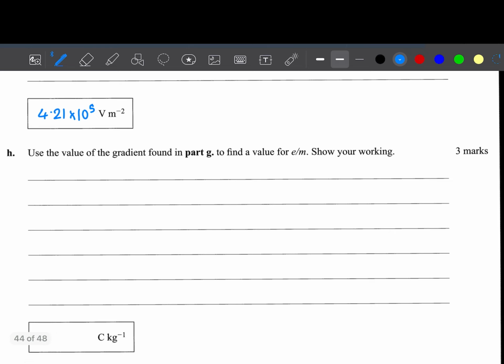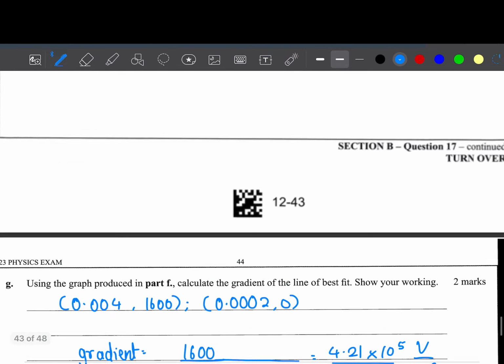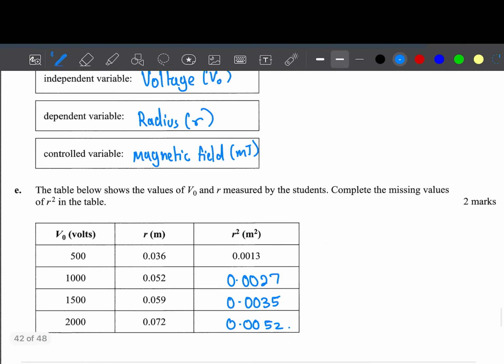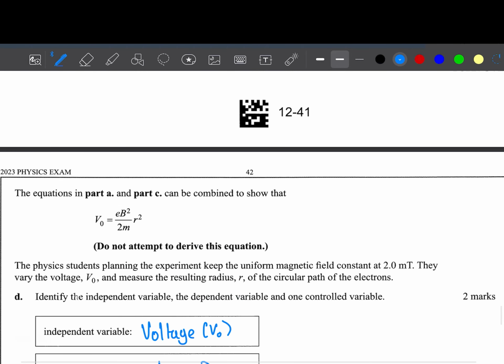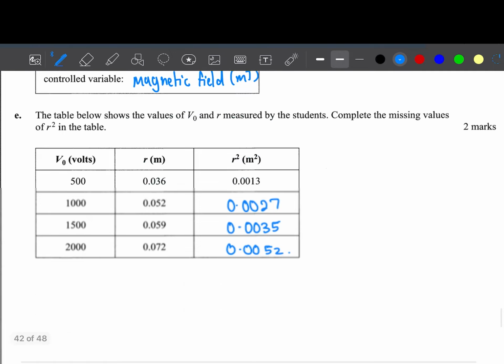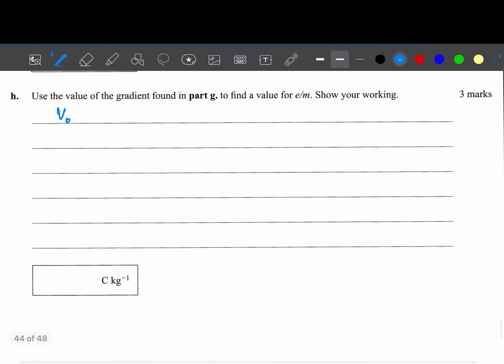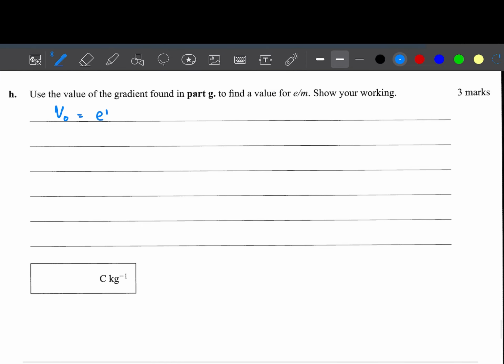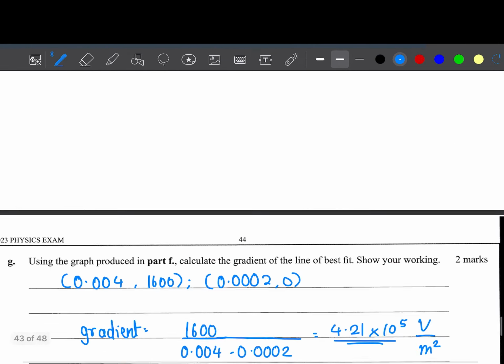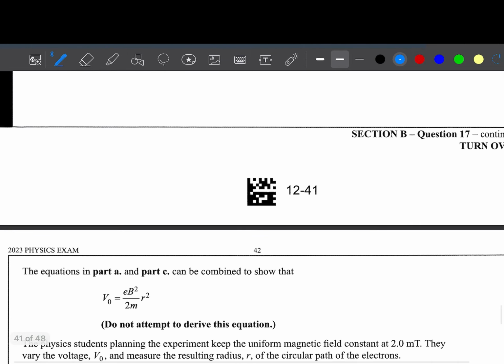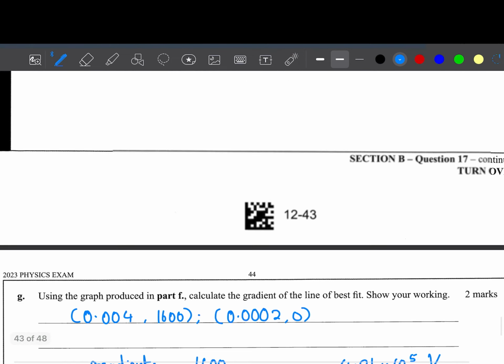Use the value of gradient found in part G to find the value for e on m. Show your working. So what was that formula? We had a weird formula up here given to us. Okay, so it was eB squared on 2m times R squared. I'm just going to make sure I didn't write it wrong. Yeah, I didn't.